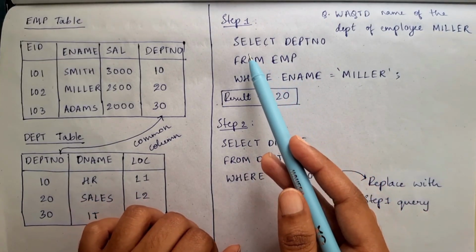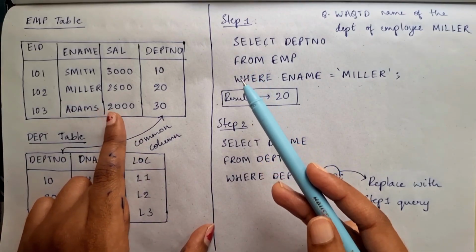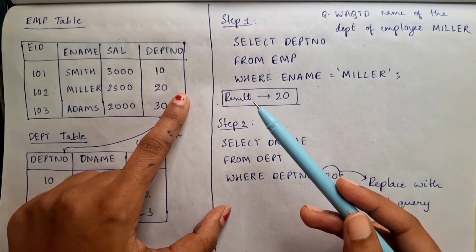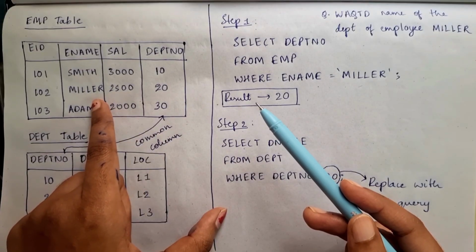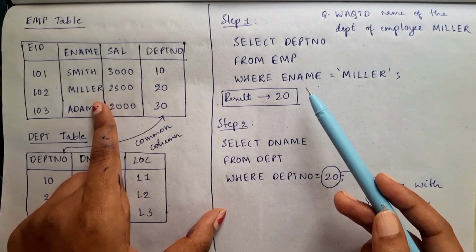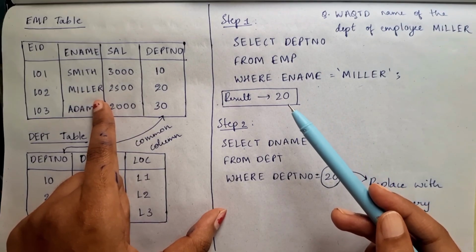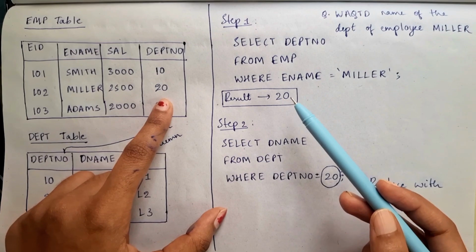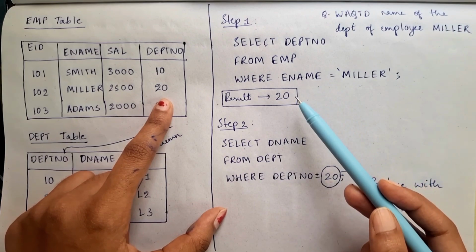In the first step, we go to the employee table and find the department number of the employee whose name is Miller. And this is the query for this. This query will give us the department number in which Miller works, that is 20. So the result of this query is 20.